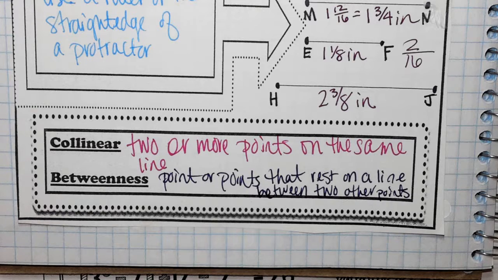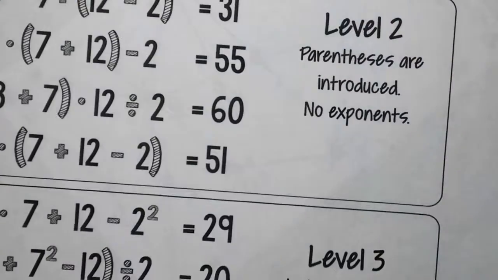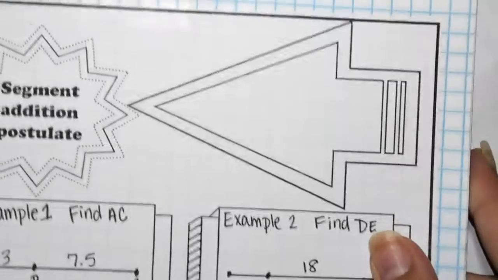So another word for betweenness is segment addition postulate, which is on our next page. It's the last thing we're going to do. It literally means what you think it means. You just add segments together to get a big segment. It's just something fancy that they say. So, if I drew you an example, let's go to the next page. This one right here.